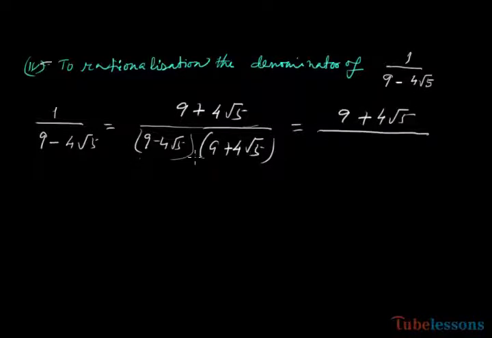Now 9 square minus 4 root 5 whole square, with 9 plus 4 root 5 in the numerator.